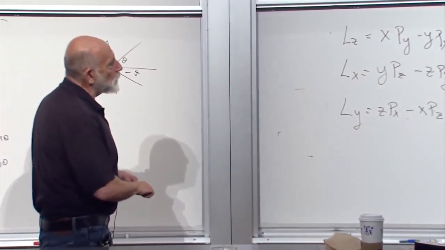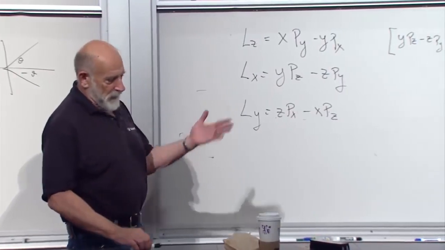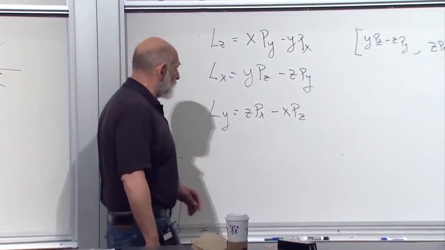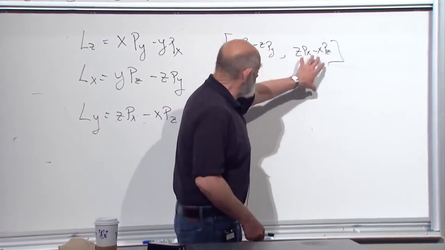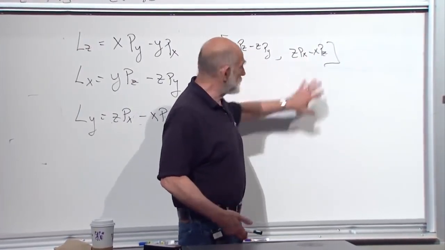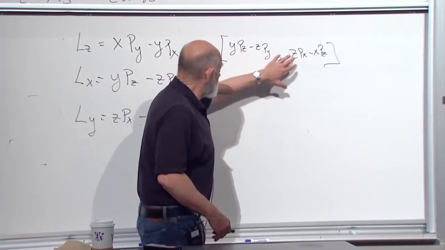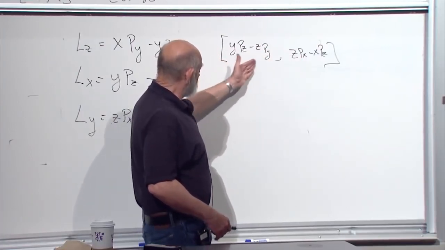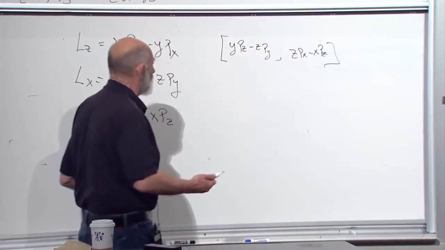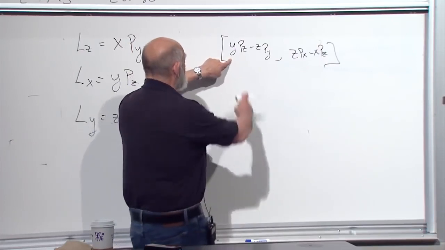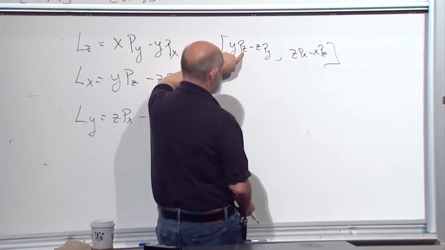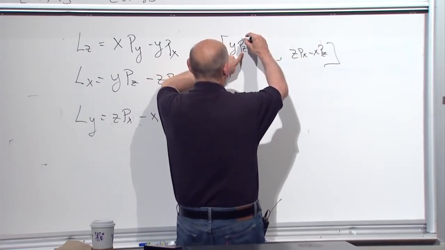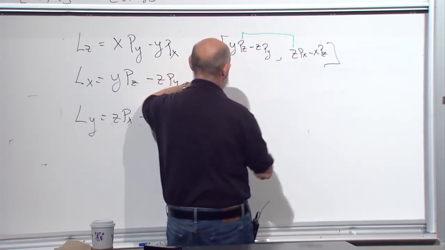Either you remember them or you don't, but by inspection you can more or less see what to do. What on this side doesn't commute with something on this side? Well, y commutes with z, y commutes with px, and so forth, but pz does not commute with z. So there's two things which don't commute.